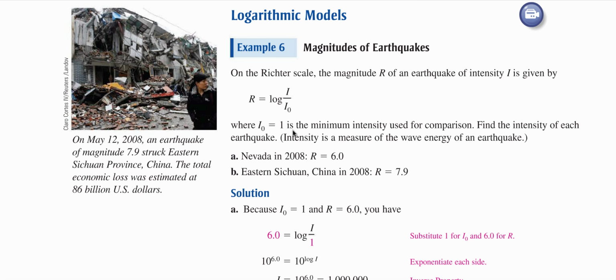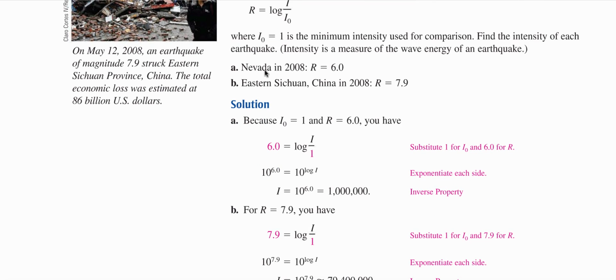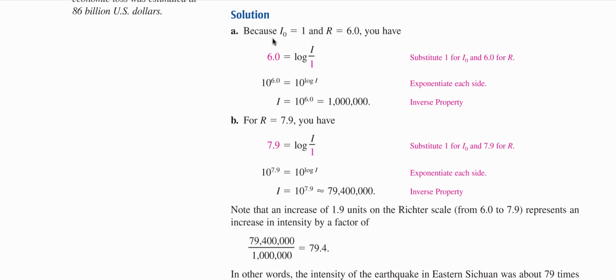Find the intensity of each earthquake. Intensity is a measure of the wave energy of an earthquake. So, part A, Nevada in 2008, R measured 6.0. In eastern Sichuan, China in 2008, R measured 7.9. So what was the intensity for the two?